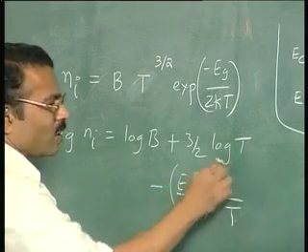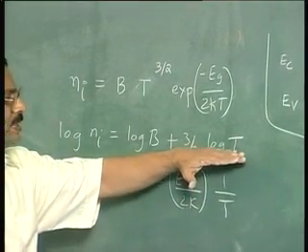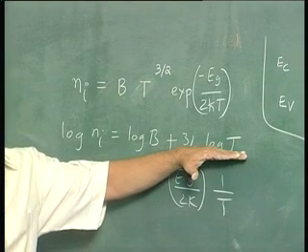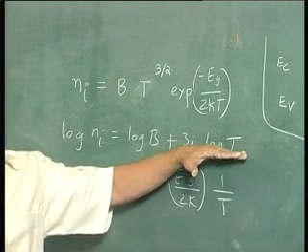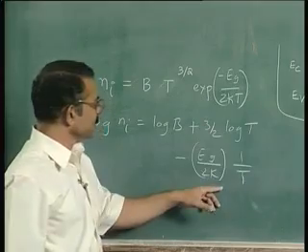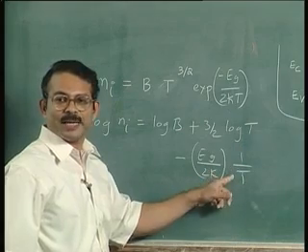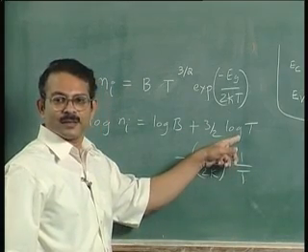Now this log of T is dependent on temperature, but this variation with temperature is very, very small because it is a logarithmic dependence on temperature, whereas this particular term which depends on 1 by T varies much more rapidly than this term.